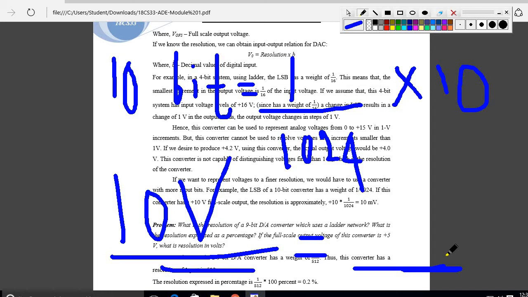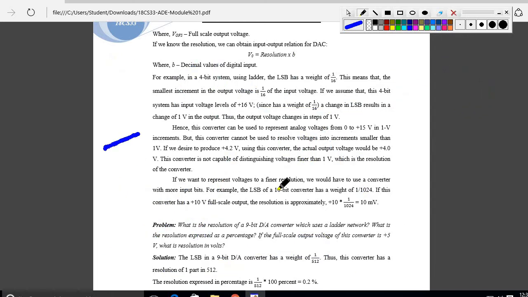For this example, a 10-bit converter has a weight of 1 divided by 1024, and it has a 10 volt full scale output, so 1/1024 into 10, the output resolution is about 10 millivolts. In this way you have to find it.